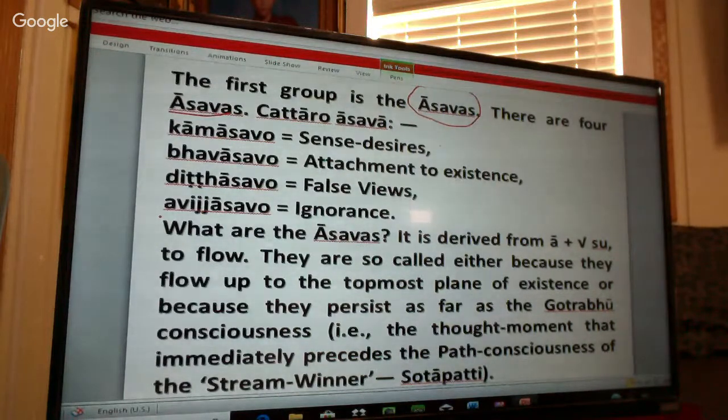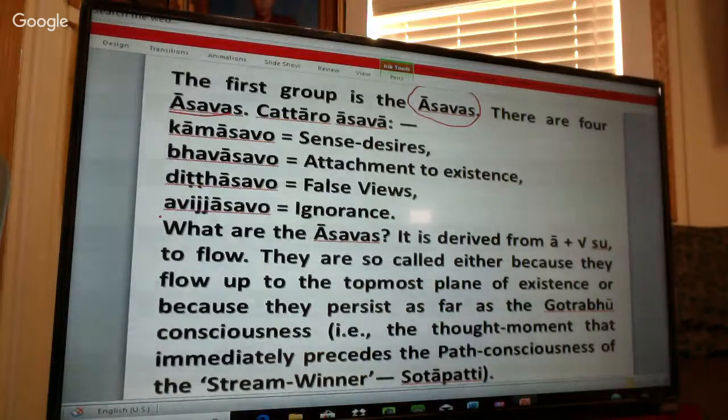Avijja, Moha, same. Here Avijja soa is ignorance, Moha. Okay. So there are 4 asava: kama soa, bhava soa, ditthi soa, avijja soa.